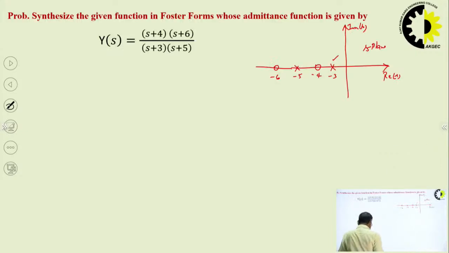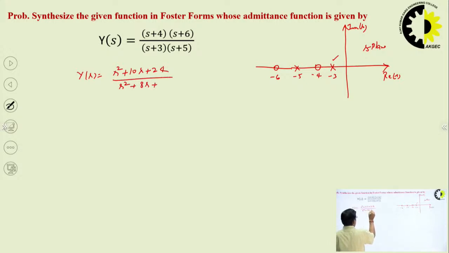So, just I am doing here Y(s) is equal to, we can write (s square plus 10s plus 24) divided by (s square plus 8s plus 15). Take one division, then it is coming 2s plus 9 by (s plus 3)(s plus 5).